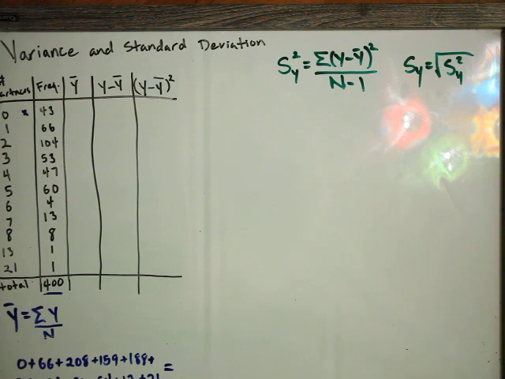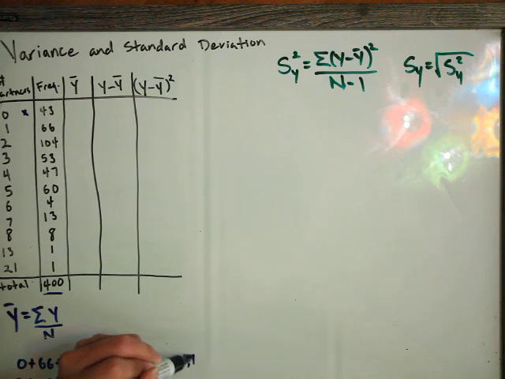So we need to add all of these numbers up. We have 66, 208, 159, 188, 300, 24, 91, 64, 13, and 21. That gives us a total of 1,134.